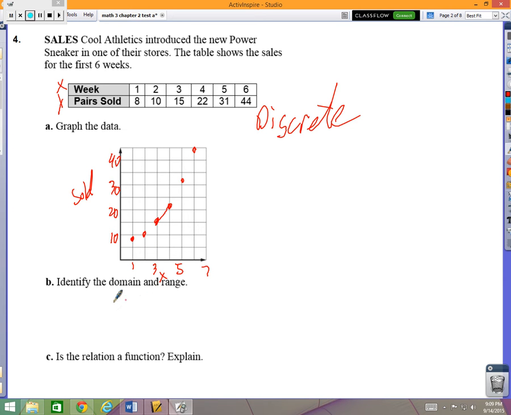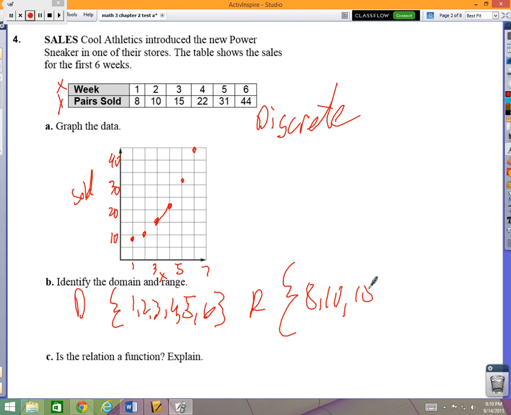Okay, the domain and the range. The domain is the x, so the domain, there's more than one. 1, 2, 3, 4, 5, 6. The range are the y's, so the range is 8, 10, 15, 22, 31, and 44.